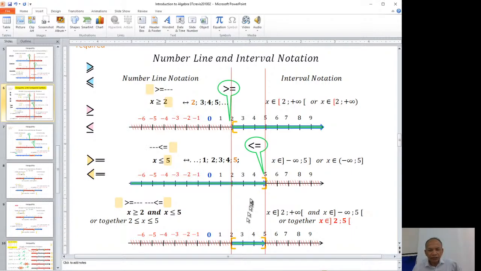So now the intersection between the two rays, the right ray and the left ray, leaves us with the values 2, 3, 4, 5.